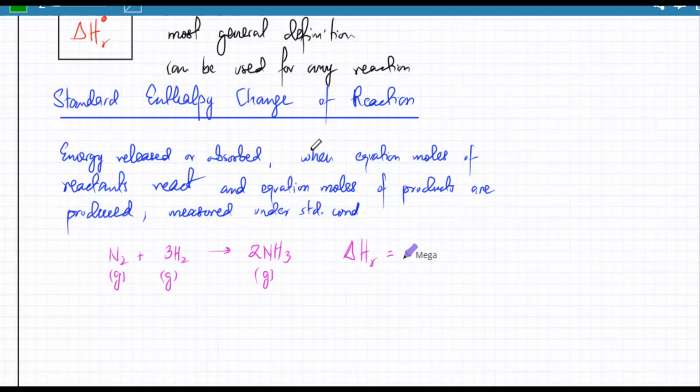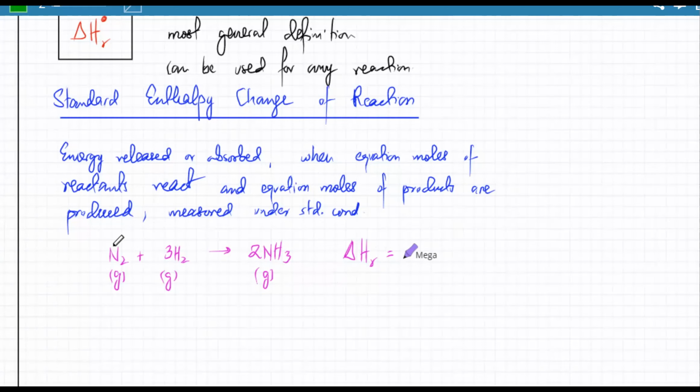So it's the energy released or absorbed when the moles given in the equation react, and the same number of moles of products given in the equation are produced. Then that enthalpy change would be called the enthalpy change of reaction.